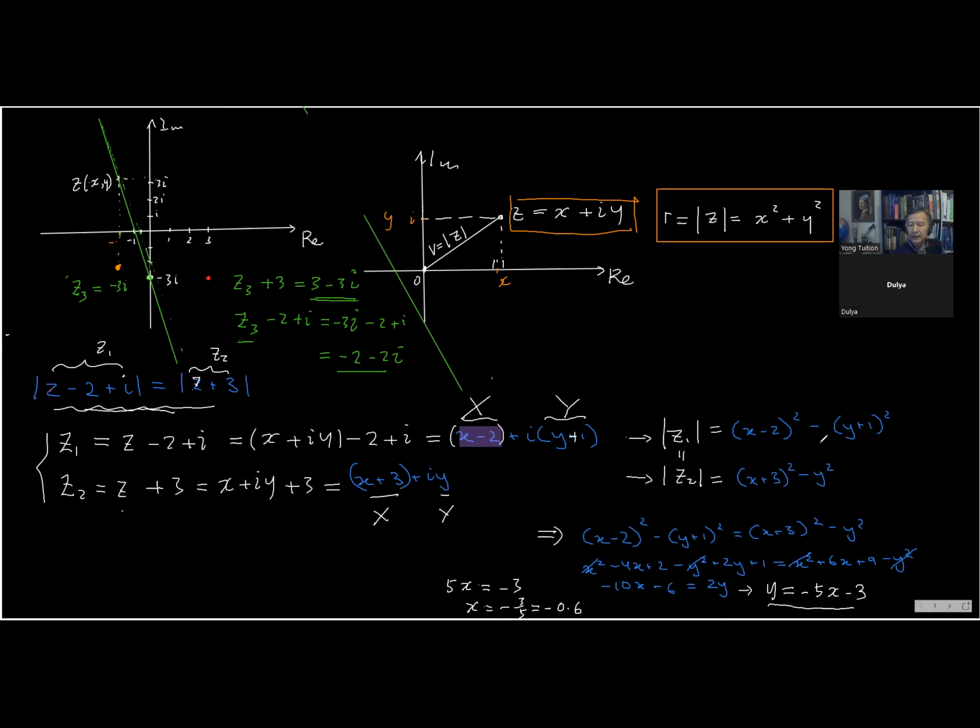I think this should be plus, isn't it? Because we are calculating the modulus, and modulus is a real number. Did you use i squared? We don't have to use i squared. We are looking for the dependence between x and y, isn't it?